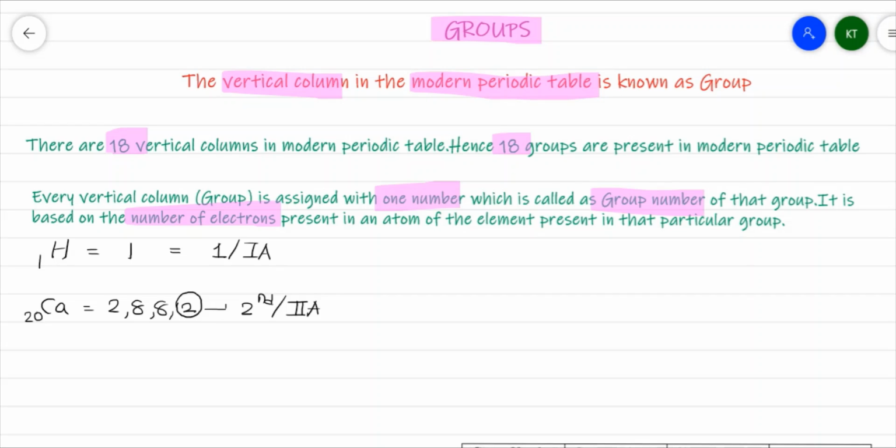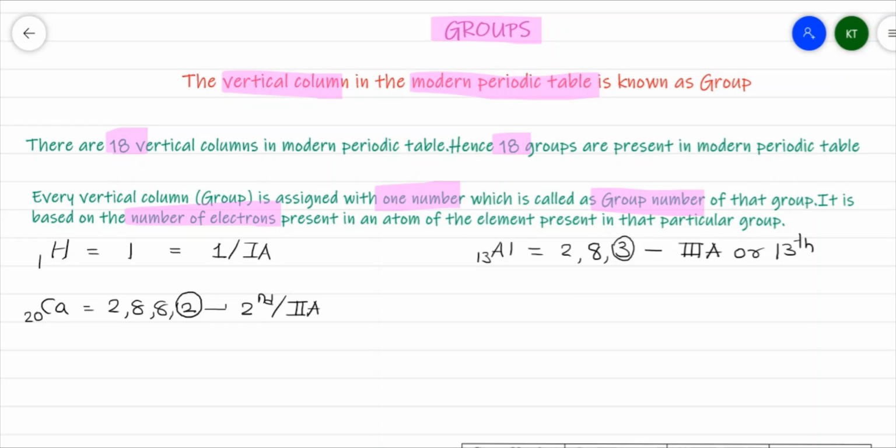Now let me take aluminium, whose atomic number is 13. The electronic configuration becomes 2, 8, 3. As aluminium has 3 electrons in its outermost shell, its group number becomes 3A, or it is also written as 13th.